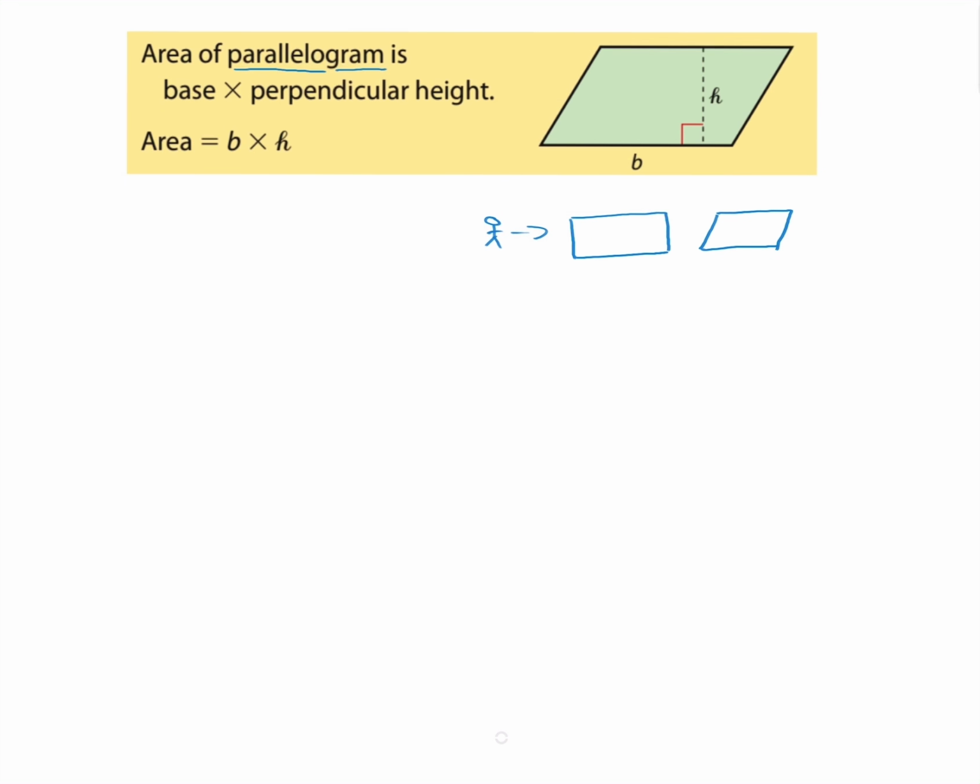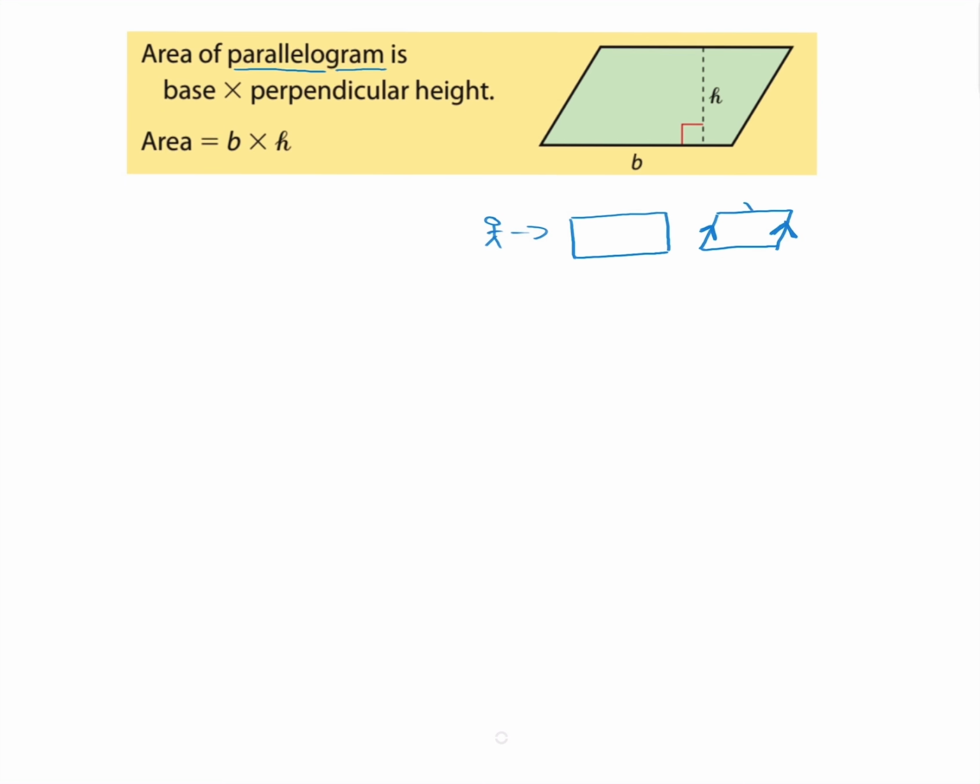And it's called a parallelogram because this side here, where I'm drawing the little arrow, and this side here, they are parallel. That means that these two lines, on the left and the right, they will never cross each other. They're like train tracks. They don't cross. They just run alongside each other.